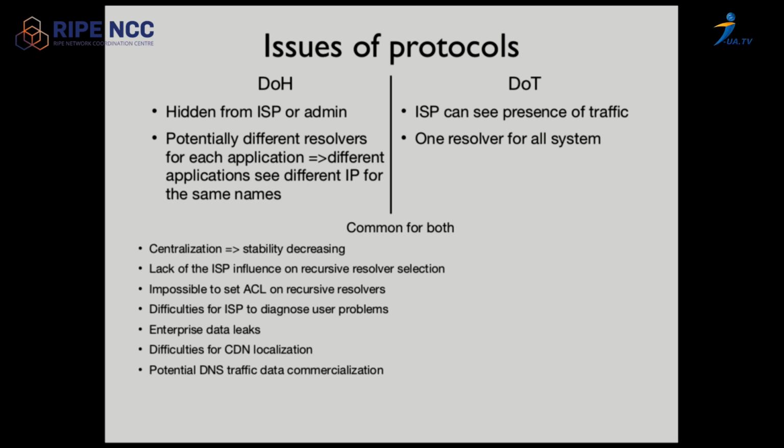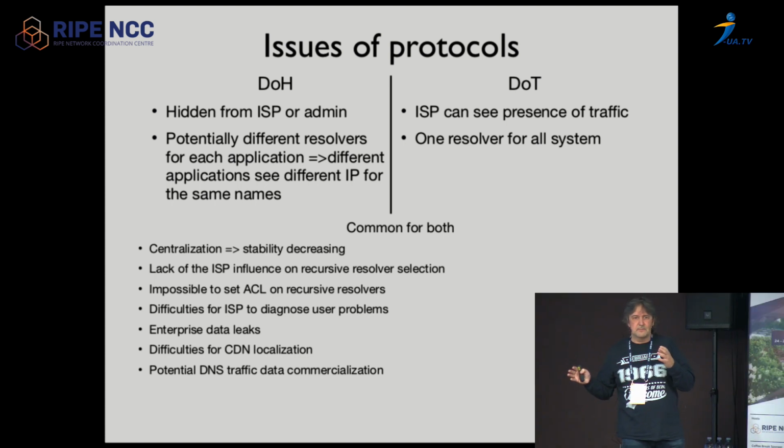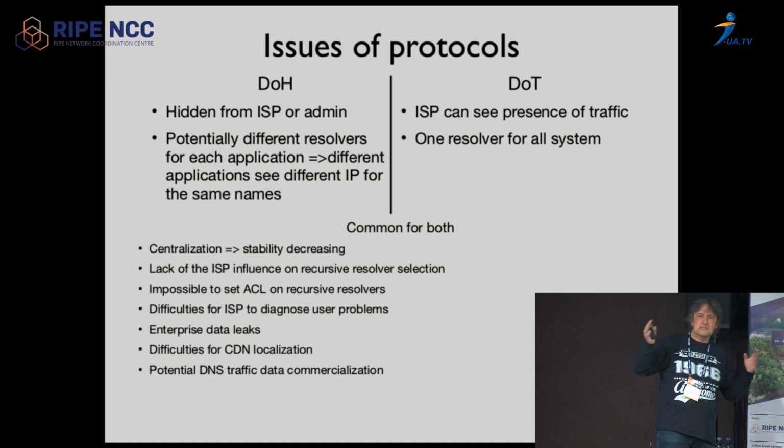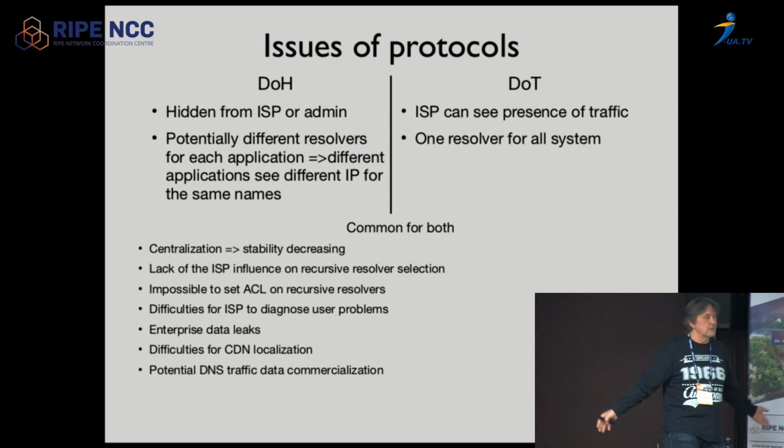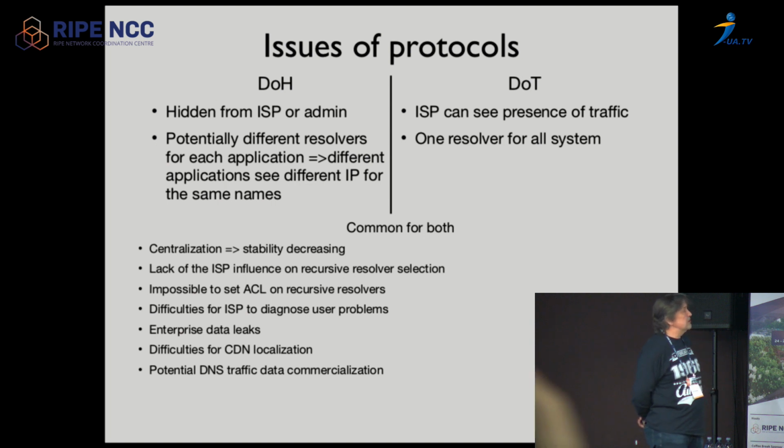Theoretically, this should not happen, but in practice it can happen that one and the same name can be resolved to different IP addresses for different applications. And it's, for instance, because of the lack of synchronization, with one application asking one way and another application asking another way, and this is the result. For DOT, we do not see that yet.